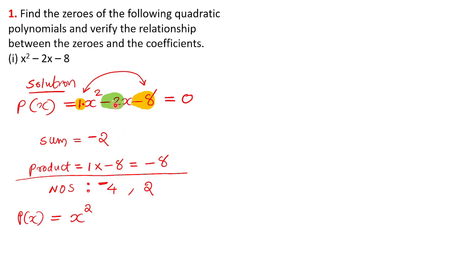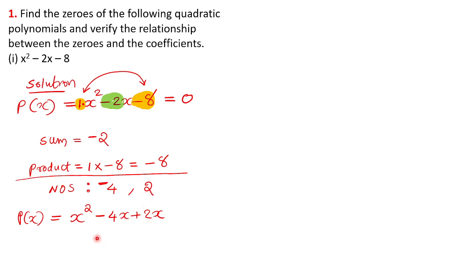So the middle term minus 2x is written as minus 4x plus 2x. Is it correct? I told you that the sum of minus 4 and 2 is minus 2, so minus 2x can be written as minus 4x plus 2x.